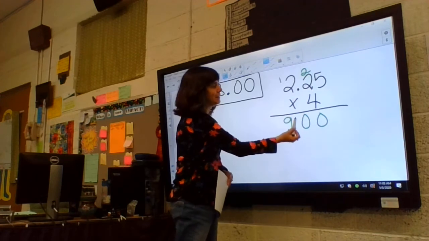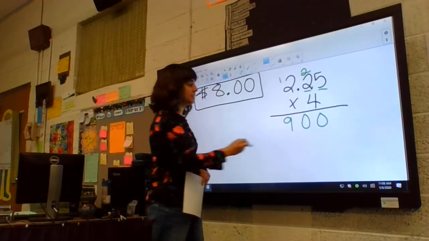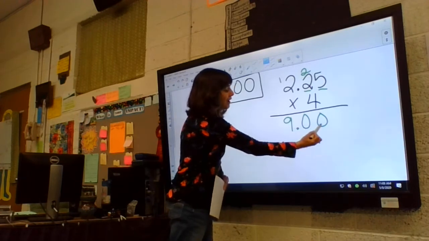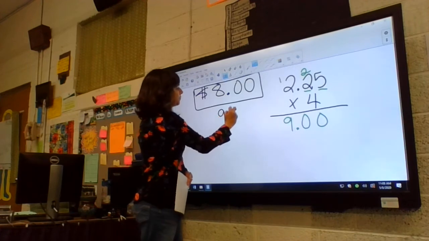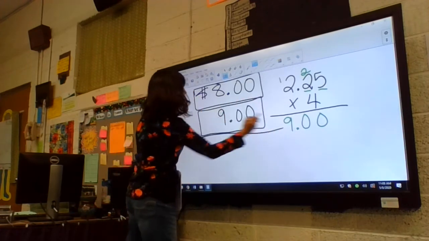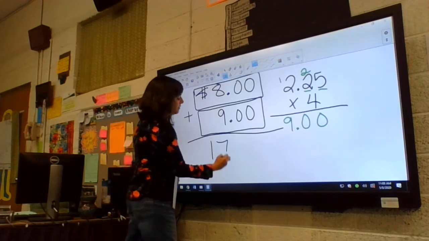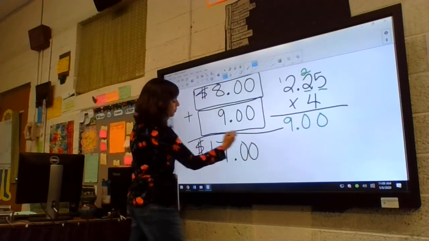The most sensible is $9, and I can see that there are 2 places after the decimal, so I need 2 places after the decimal. So we're going to spend $9 for those 4 hours, and then if we add that together, we would get $17, okay? That's how much you're going to pay to ride the bike for 4 hours.